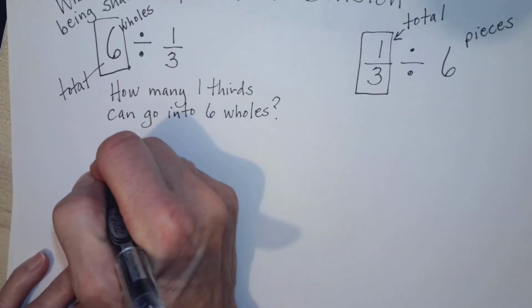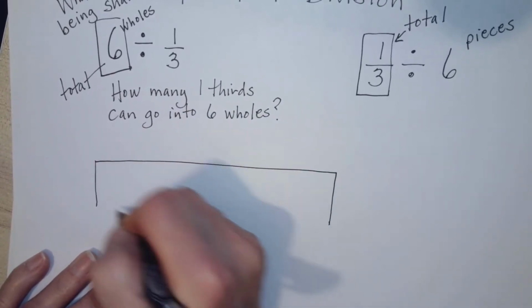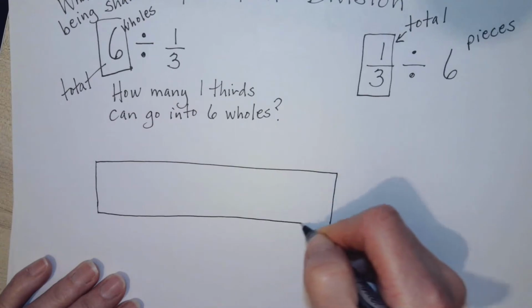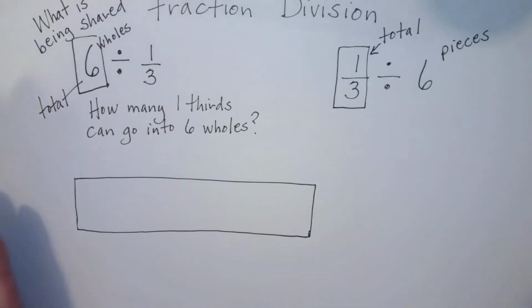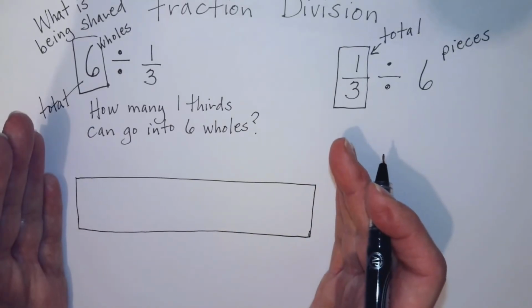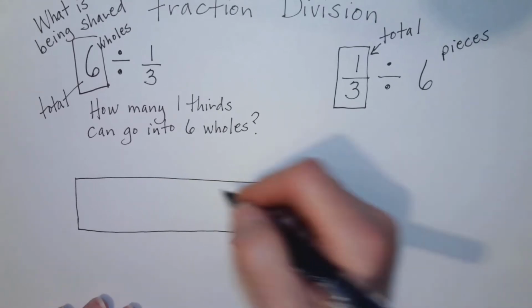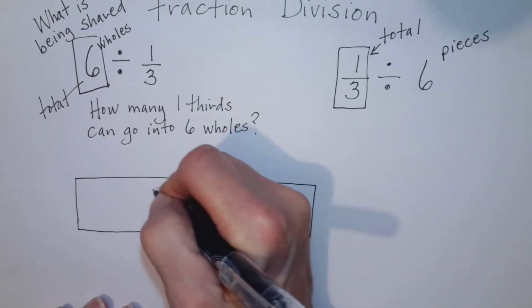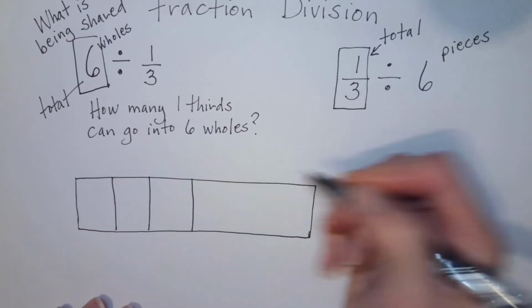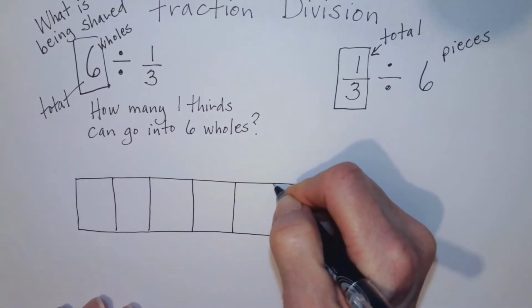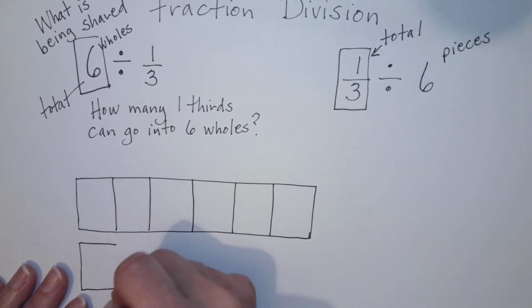So 6 wholes. I've seen people do individual boxes to represent this, but I've also seen on tests where they just give you 1 bar and they break it into 6 wholes. So I'm just going to break this, and this is the same as if I did this, just in case you're going, but that's a fraction.